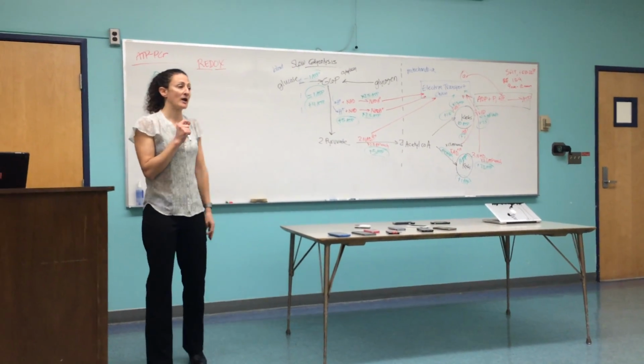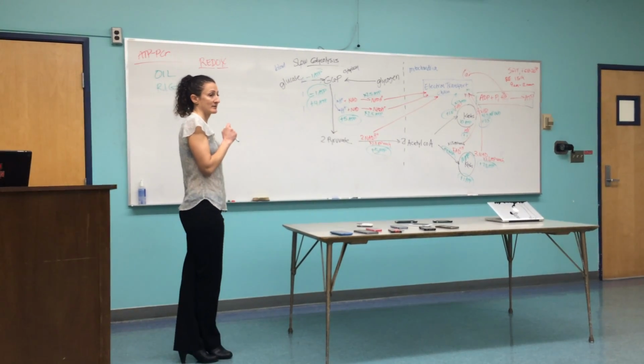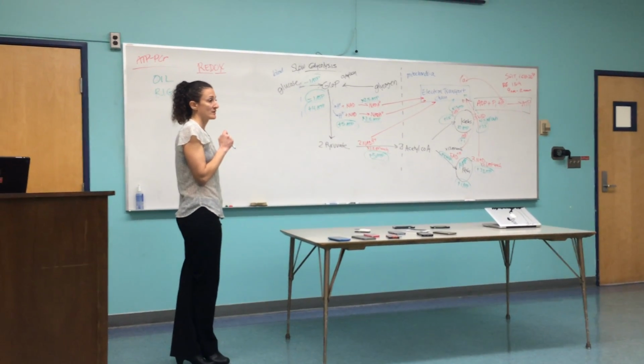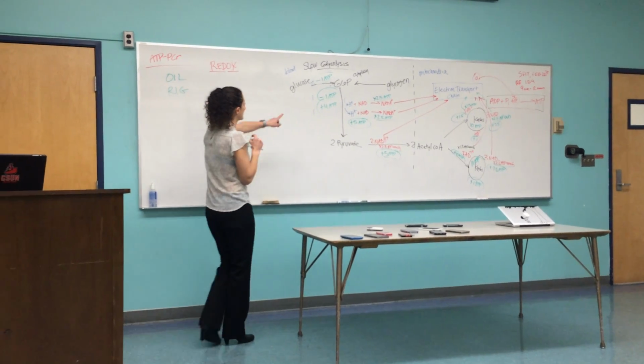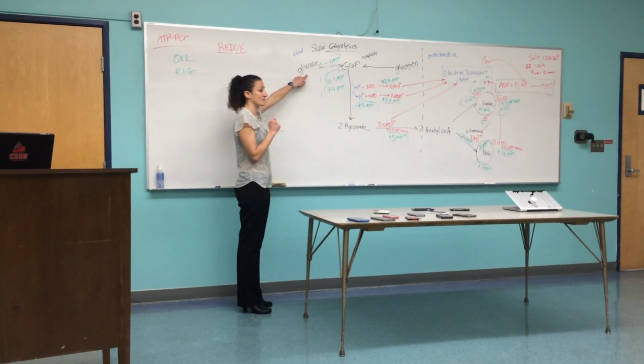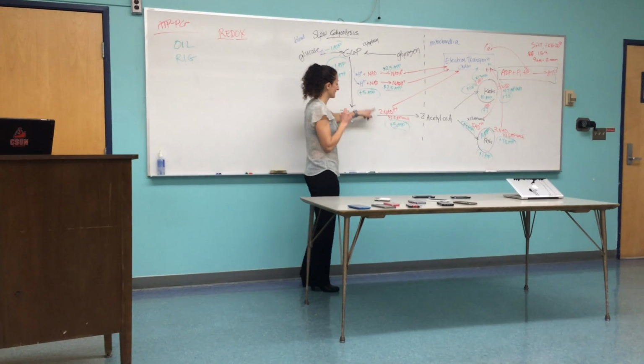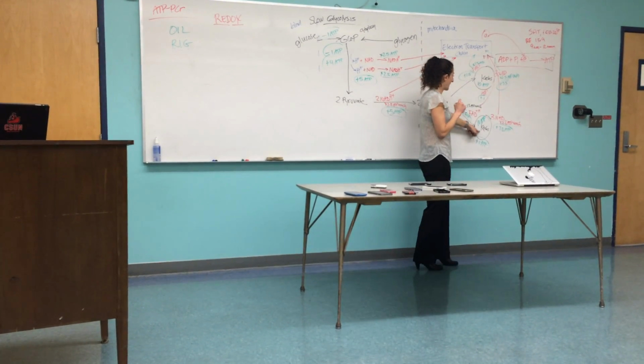If I were to ask you how many indirect ATP are produced from the complete oxidation of one molecule of glucose, could you figure that out? 5, 5, 9, 9.